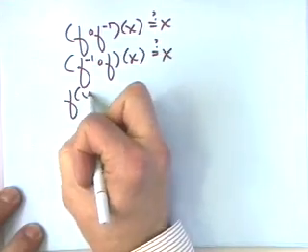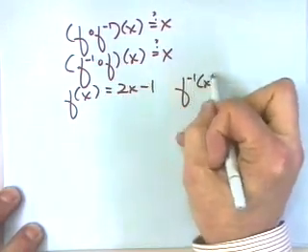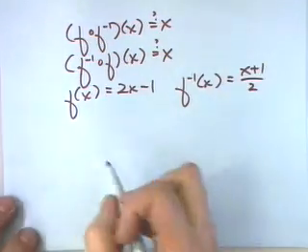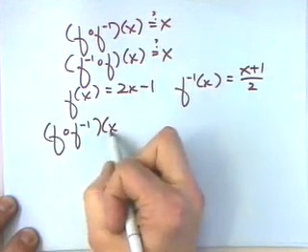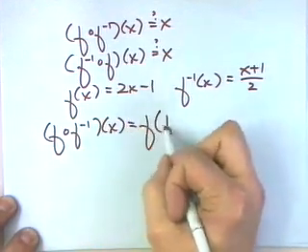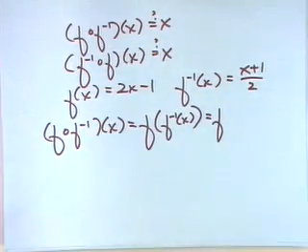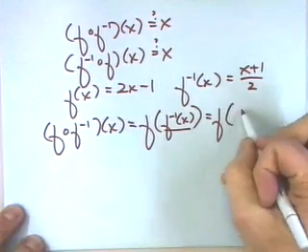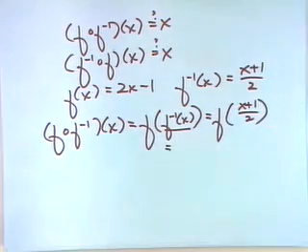So we know that f of x was our original, and f inverse is what we found. So the f of the f inverse, let's take the f inverse first. We'll do what's in here first. So the f inverse is this. And then how do I take the f of something?